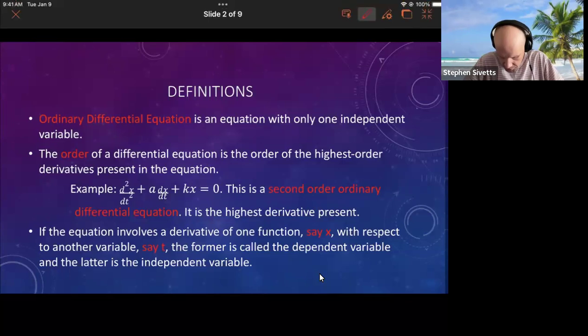To go over some terminology, as referred to in the previous video, an ordinary differential equation is an equation with only one independent variable.